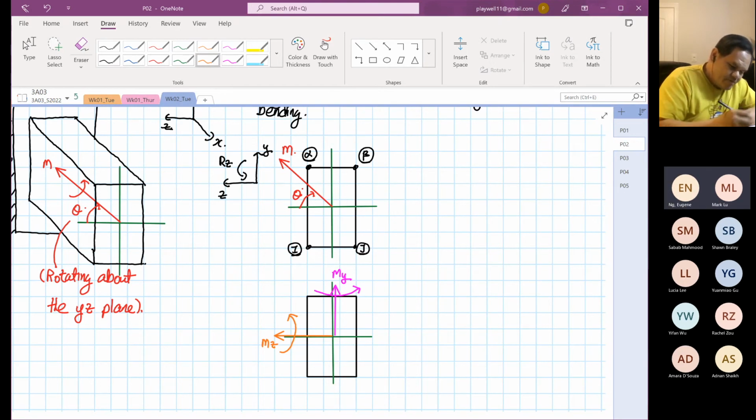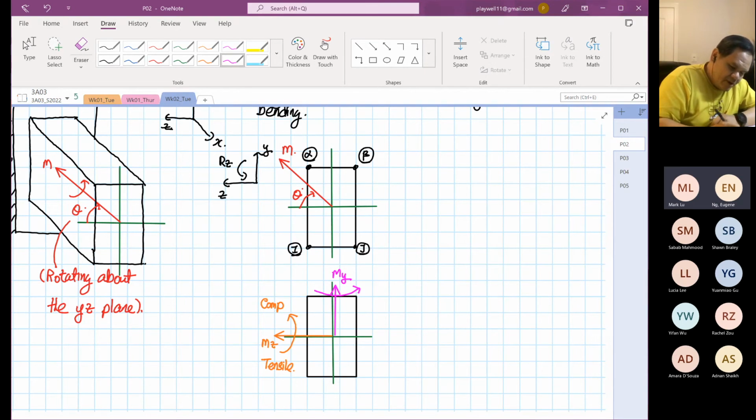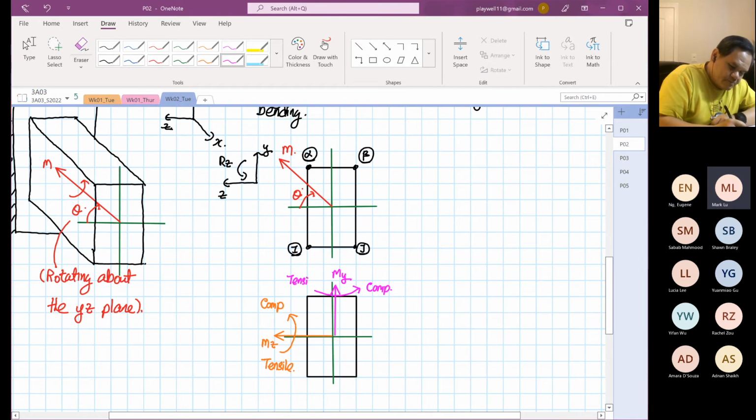So if we look at Mz, the head of the moment vector is under compression. The tail end is under what? Tension. Likewise for My, the head end is under compression. The tail end is under tension. Okay.